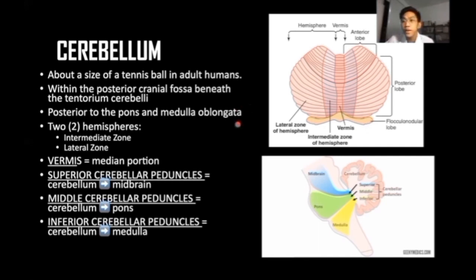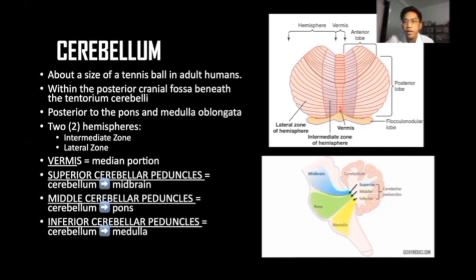The cerebellum has two hemispheres, as we have discussed, which are the intermediate zone and the lateral zone. Here in the picture above, we can see the intermediate zone in the middle and the lateral zone on each side. And here in the median, we have the vermis.